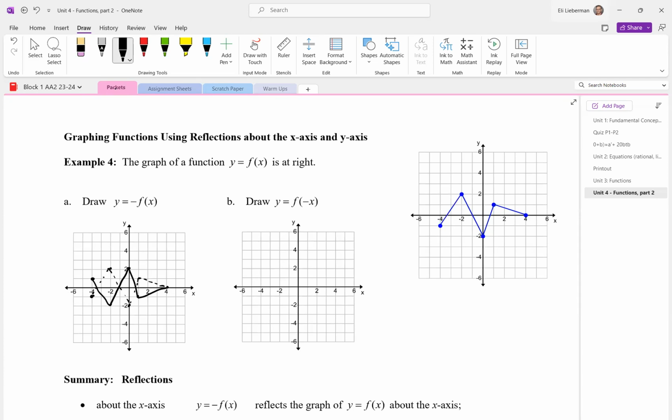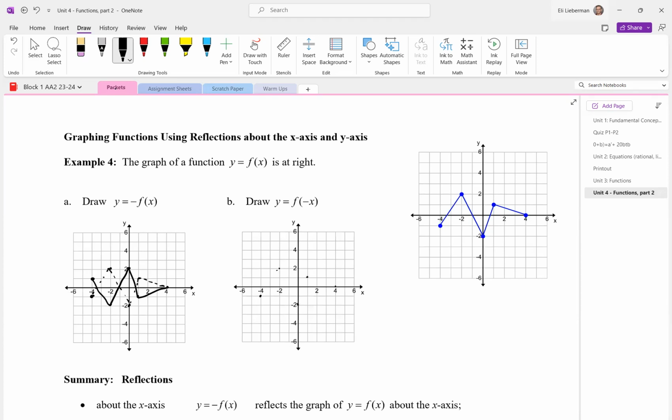So like we alluded to earlier, that's called a reflection with respect to the x-axis. If the negative is on the inside, it's not going to affect the y values, it's going to affect the x values. So negative 4 comma negative 1 becomes 4 comma negative 1. I'm going to dot these in again.